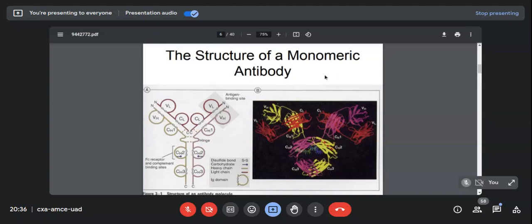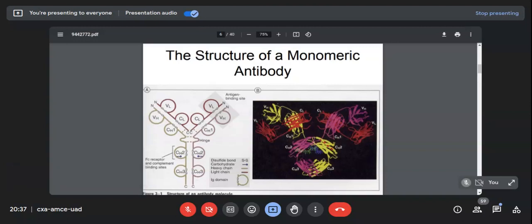What I'm showing you on the picture right now is the structure of an antibody. We're going to talk about antibodies in a few minutes because there are 5 of them, but I wanted you to take note of the structure of an antibody. We said the humoral type of adaptive immunity uses what?